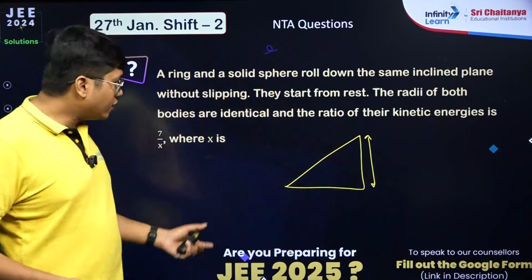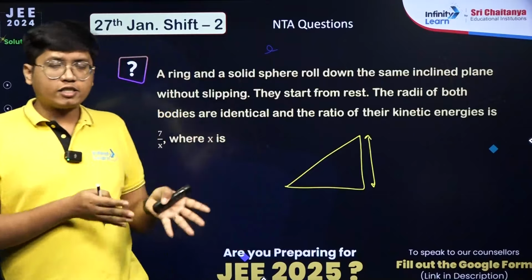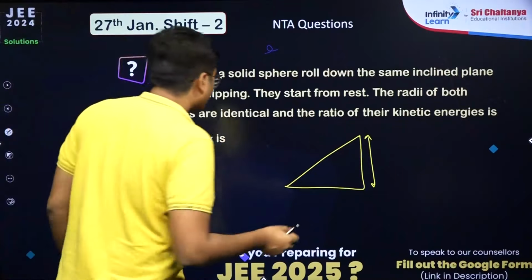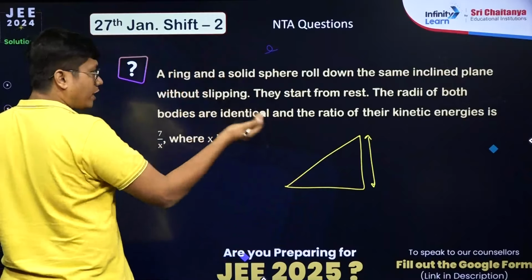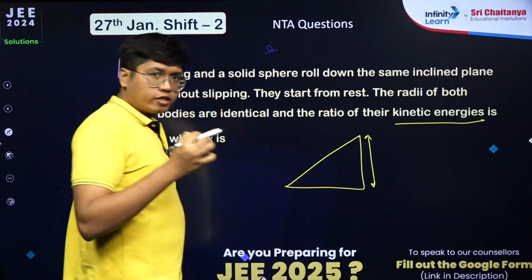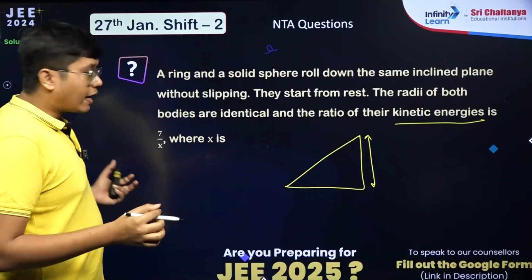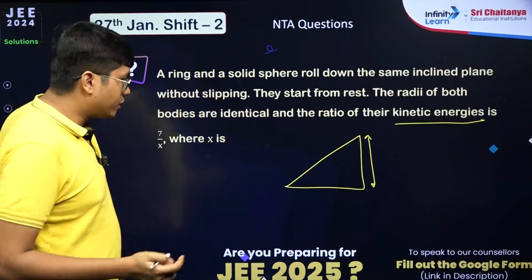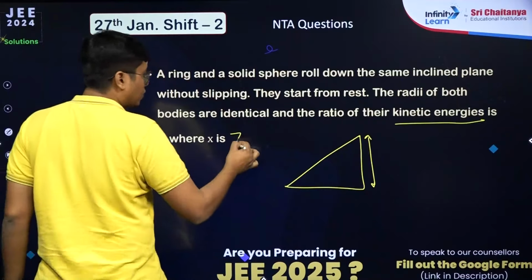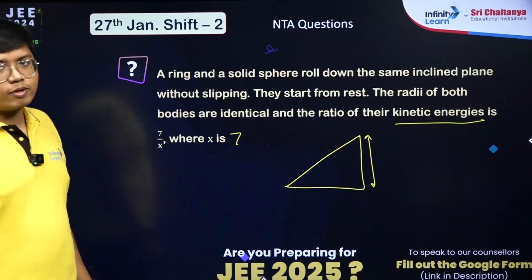So the total kinetic energy, the translational plus rotational, will be the same for both of them. So the ratio between them is going to be 1, because they have said kinetic energy, not translational or rotational. So total kinetic energy would be the same. It would technically be equal to this mgh. So x is equal to 1, because the ratio has to be 1:1.